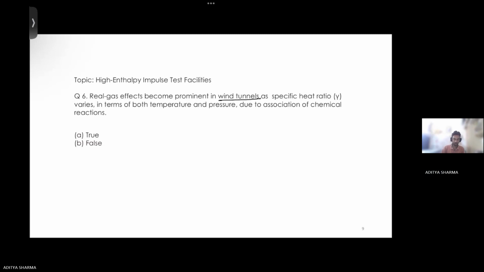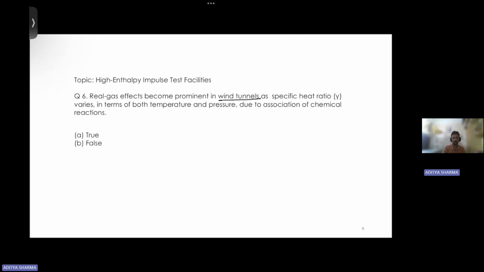So for this question, the answer will be false, right? But then if we see the differences between a wind tunnel and a shock tunnel, the power requirement in case of a wind tunnel is very high in comparison to a shock tunnel.